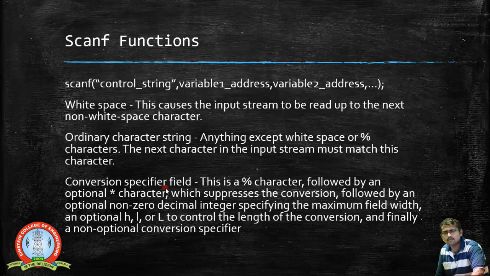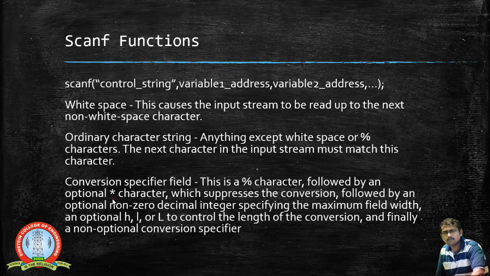This conversion specifier field will be followed by an optional star character. When you give a star, it means that it will suppress the conversion. The user input will be accepted, but the input will be suppressed if you use a star in a scanf statement, especially in a control string.